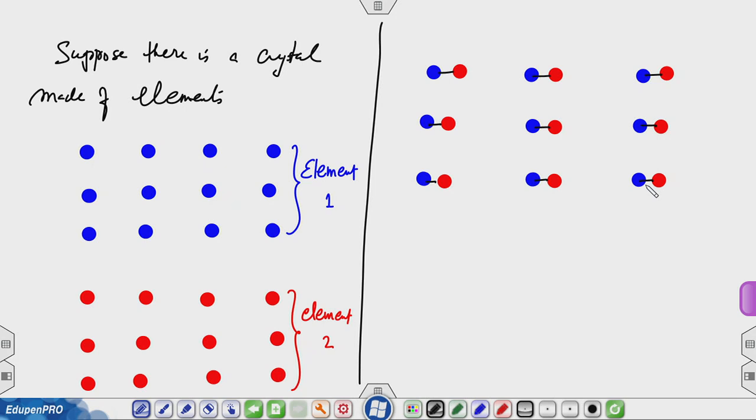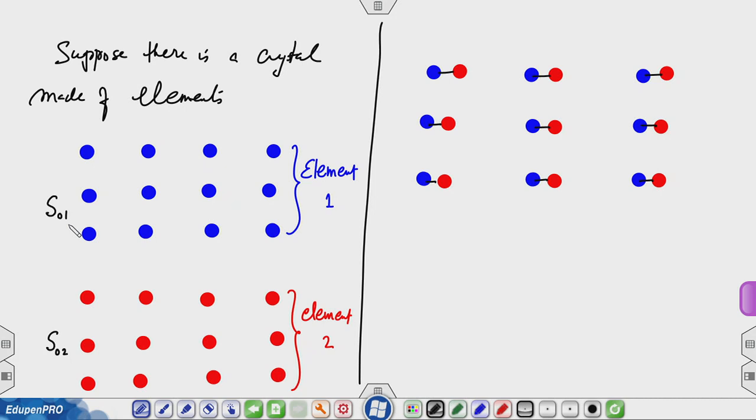So, suppose the entropy of this system was some S0, this was some other S0, let's say S02.